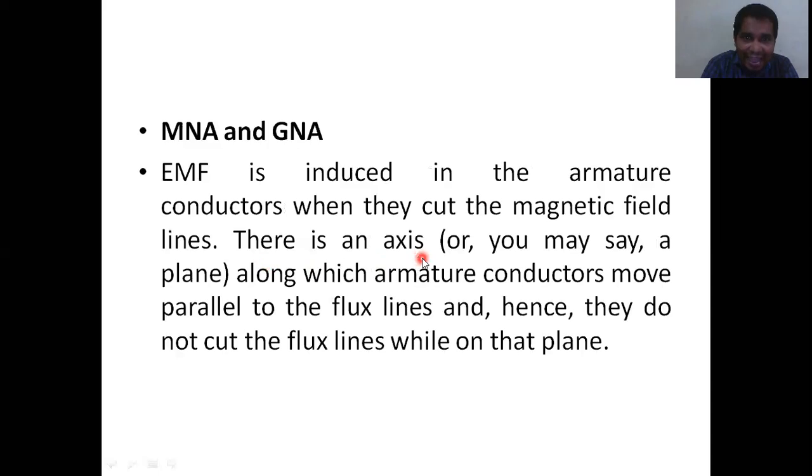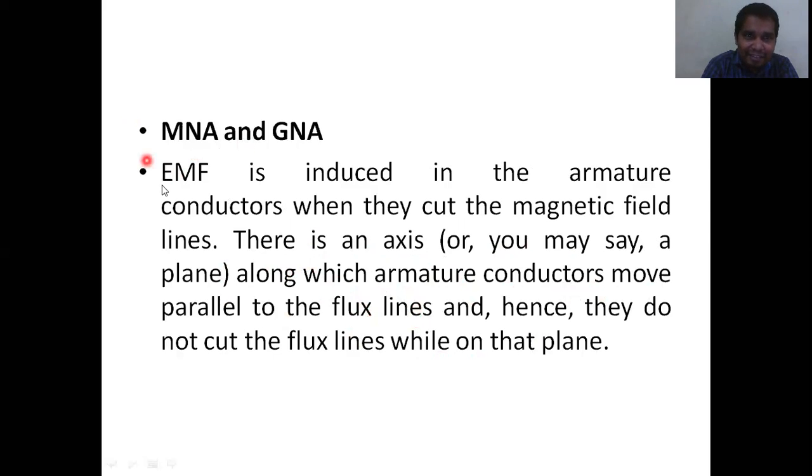So there is an axis, you may say a plane, along which armature conductors move parallel to the flux lines. When it is moving parallel to the flux lines, no flux cuts the conductor, so no EMF is induced.